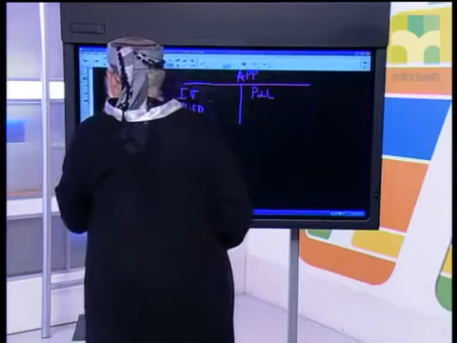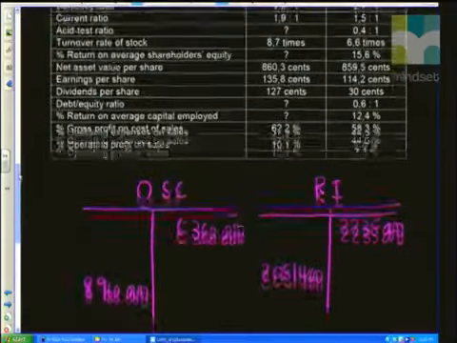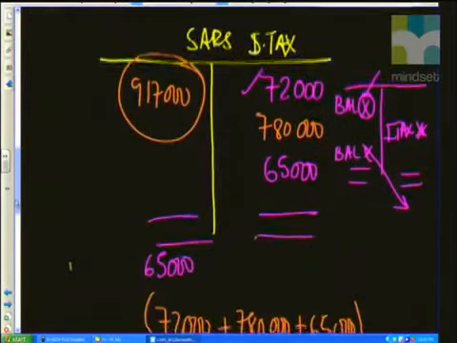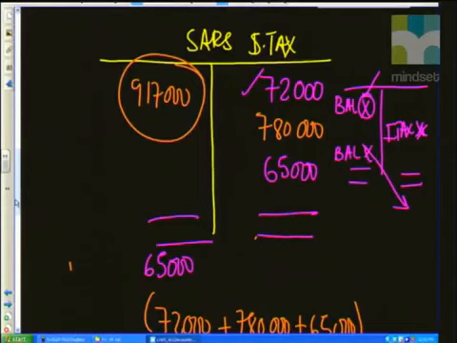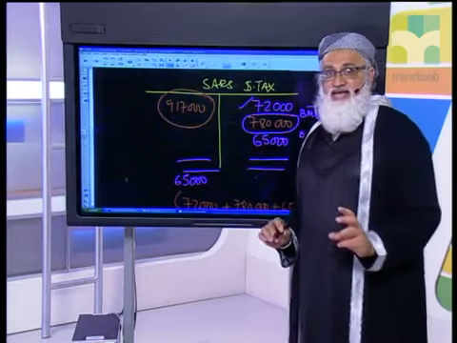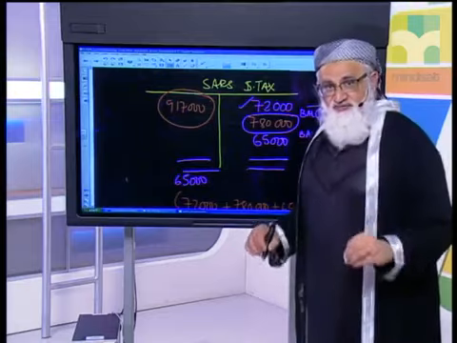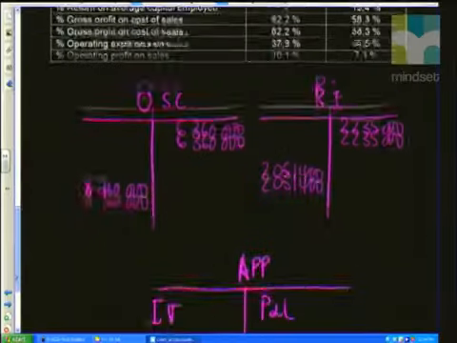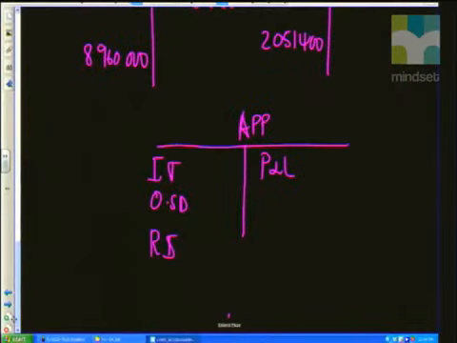Remember that we had already calculated the income tax figure, and let's get to that account so we don't have to redo the entire calculation. There's my income tax figure, which was calculated at 780,000. If you recall, when we did the SARS income tax account, we calculated our income tax to be 780,000. That was the tax for this financial year. So if we look at this year now, we can see that the income tax figure is 780,000.